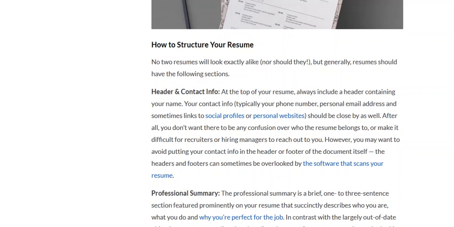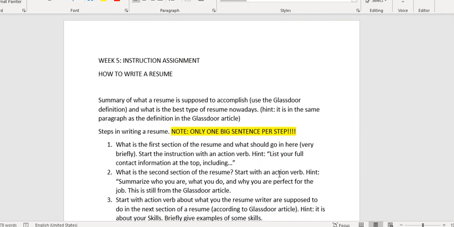And I keep emphasizing that point, as in the yellow note here: only one big sentence per step. Each step also gives you some hints on what's supposed to go in there.